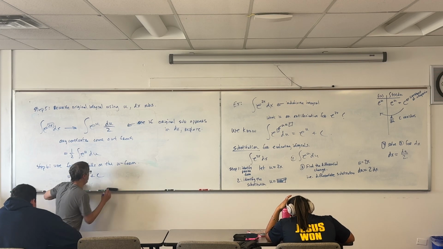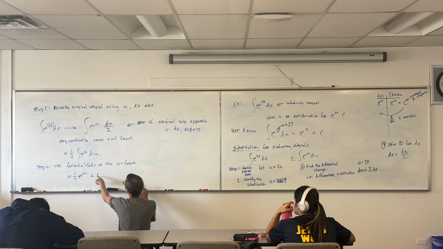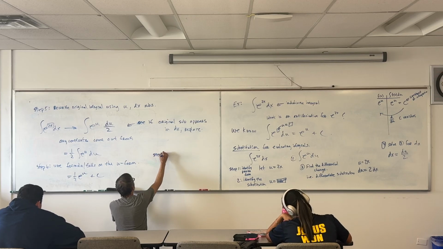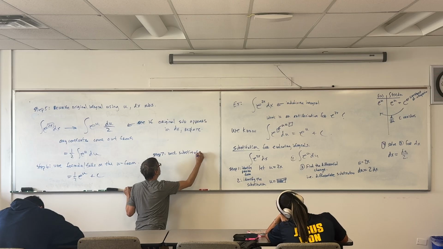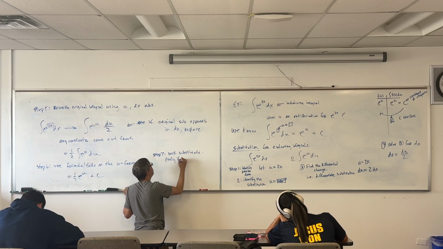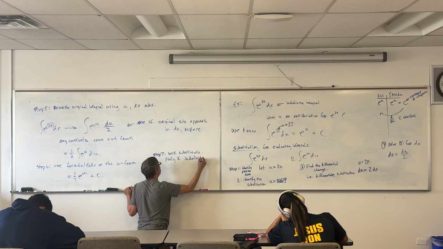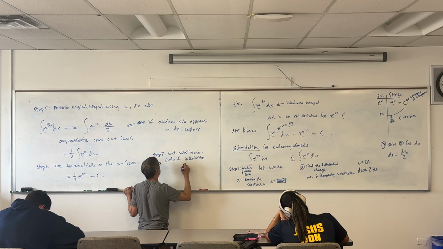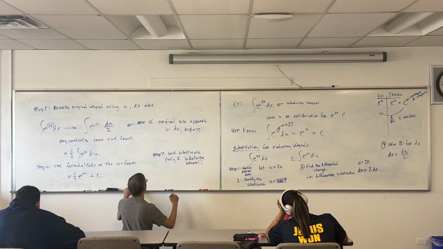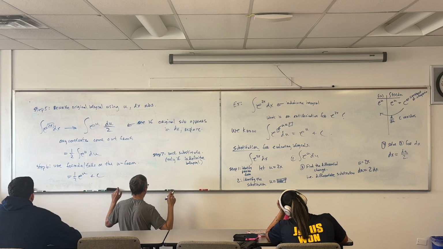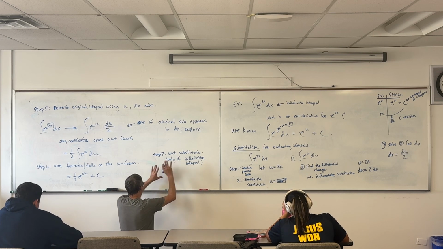Now, this thing here is almost done, but the original problem was in terms of x. So step 7 is back substitute, and I'm going to put a note here: only if it's an indefinite integral. If it's a definite integral, we're never going to go back, and I'll show you how that works. If there are no limits, then you have to back substitute. I say this because I've seen so many people get this wrong, and this is a part where things can get weird.